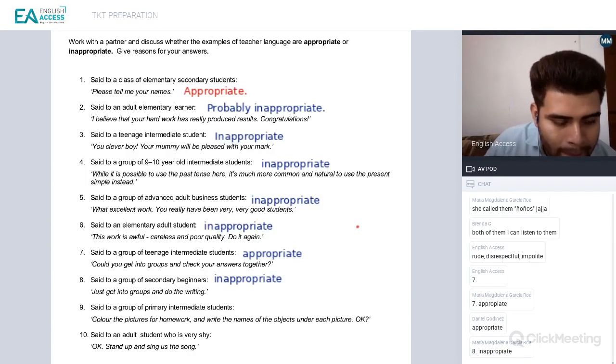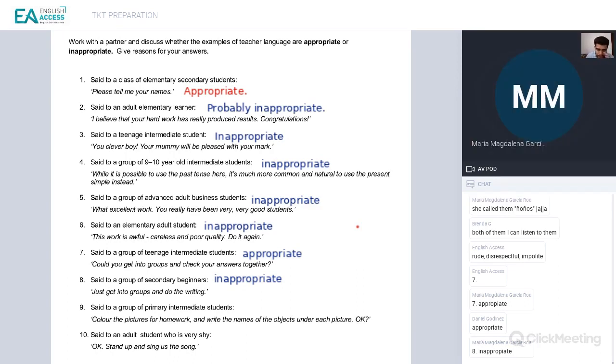So maybe you can say that, but you have to use mime to explain, and they can familiarize themselves with the new vocabulary that they are learning. Yes, you're right. And another thing I want to add is that it's too casual.